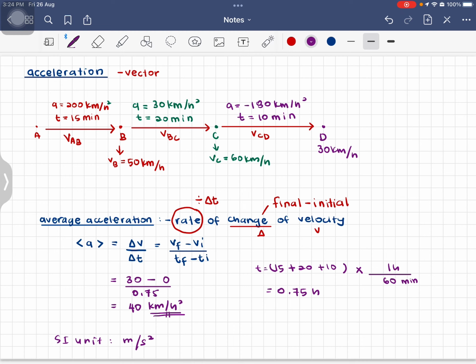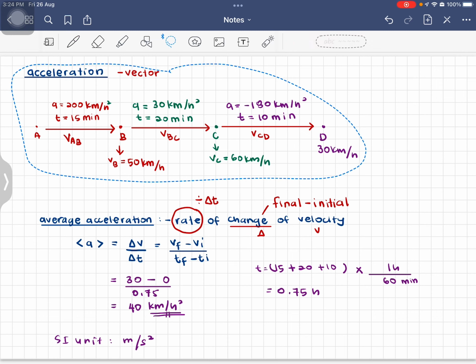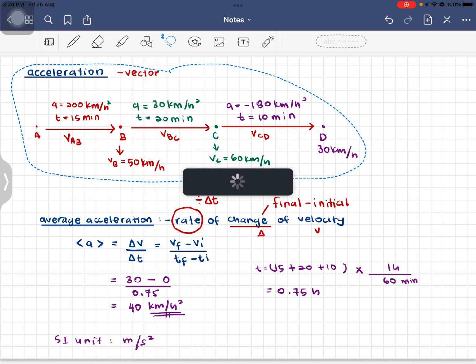As I said, average acceleration is a vector, so it should have a direction, but I will show the direction after this. Let's look at instantaneous acceleration first.